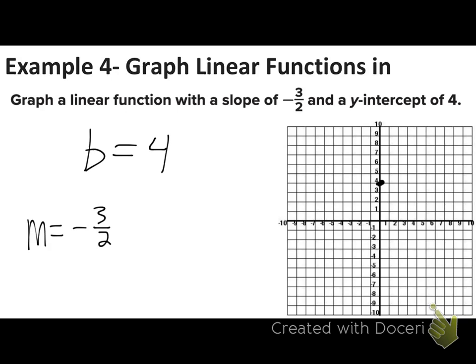Where does my negative go? With the 3, with the 2, with both? It is not with both. If it was with both, a negative divided by a negative gives me a positive. Is this a positive slope? No. So it does not go with both. Here's the answer. It's kind of a trick question. It doesn't matter where it goes.